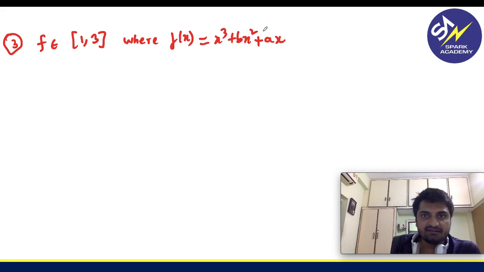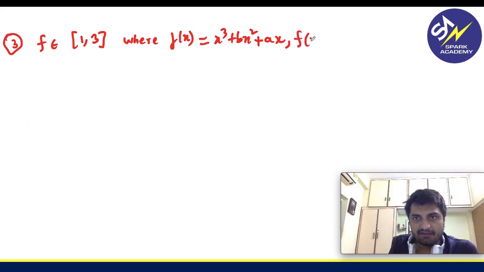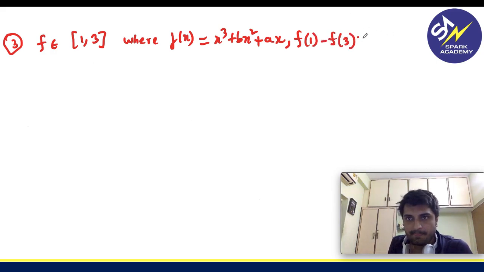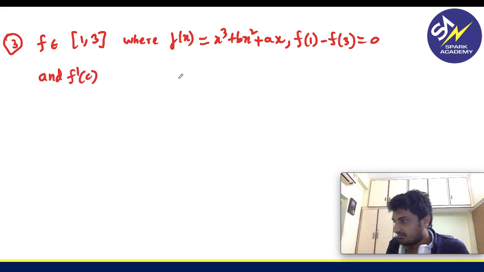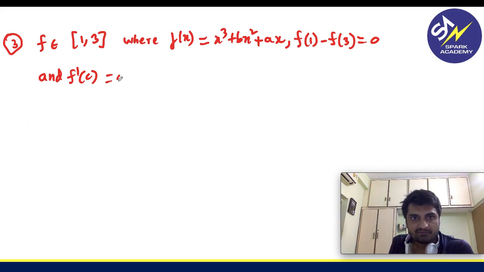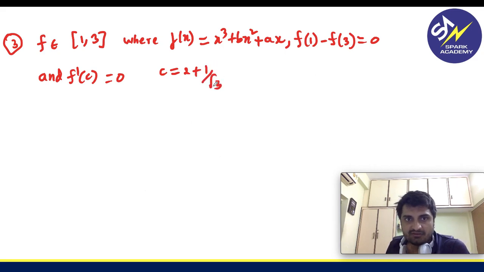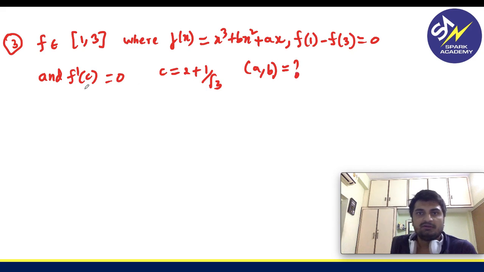And also given that f of 1 minus f of 3 is given as 0 and f dash of c is given as 0, given c equals 2 plus 1 by root 3, right? And they are asking us what is a comma b basically. The options which we have is, first option is minus 6 comma 11.